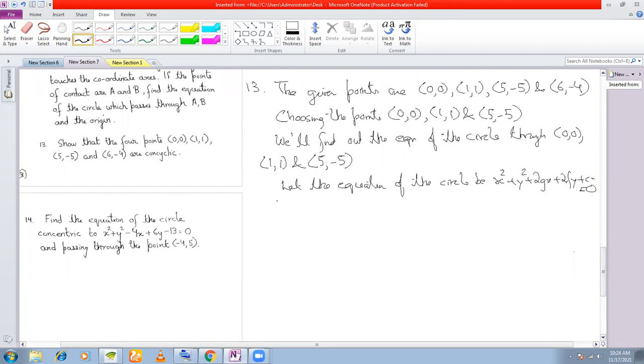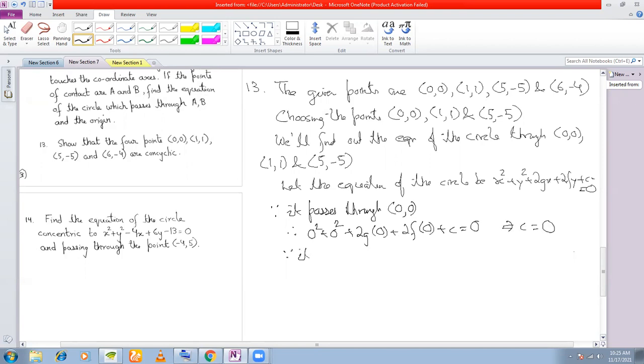Since it passes through the origin, therefore it satisfies, you can directly write c is equal to 0 actually. Means c is equal to 0, right?